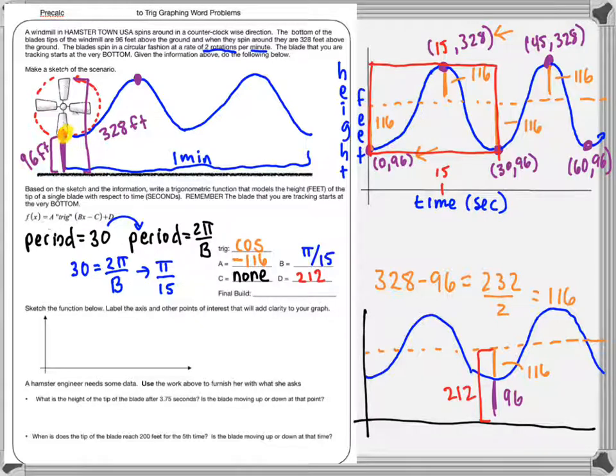Putting all these pieces together, I'm going to move this out of the way.